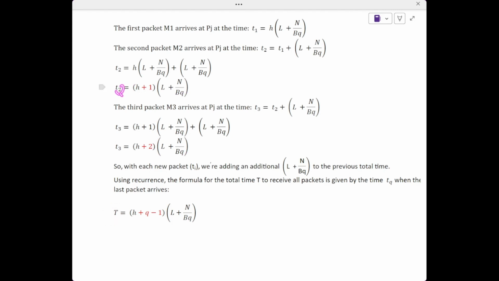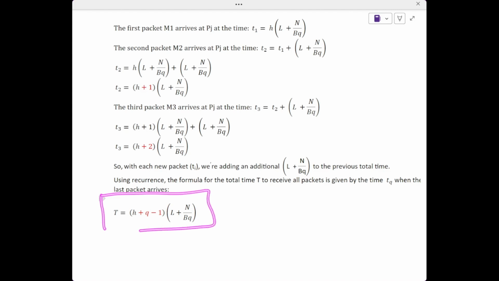The chain relation between 2 and 1, 3 and 2 is always Q minus 1. 3 minus 1 is 2, 2 minus 1 is 1, etc. So Q minus 1 is what we always add to H, and multiply by the same thing.